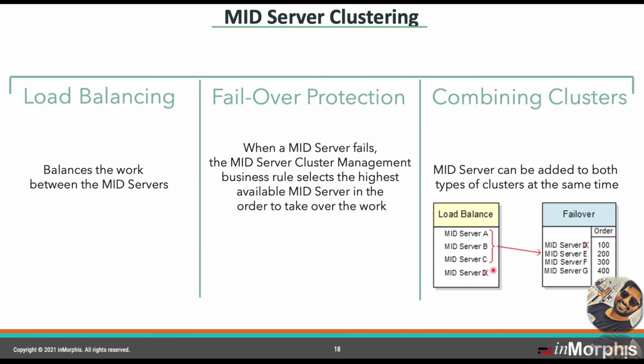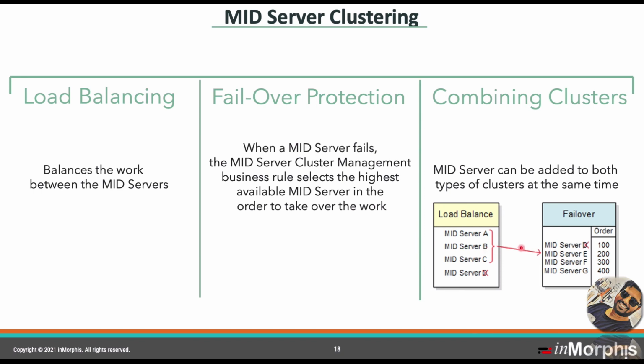So as soon as D is down, and because there is work assigned on this cluster, now the job that needs to be assigned on D is down, and these servers are already having a hell of a lot of work. So ServiceNow will look into the failover one and it will pick up E because of lowest order. Okay, it will pick up E to assign the job.